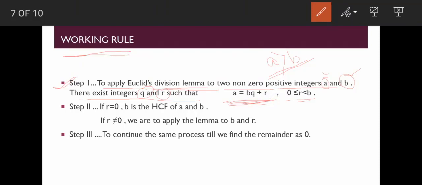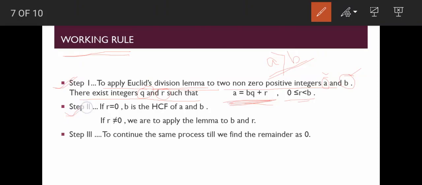So while dividing the bigger number by the smaller one, we must be getting some quotient and some remainder in step 1, where the remainder will be either 0 or greater than 0. But we must notice one thing, that it has to be less than the divisor.